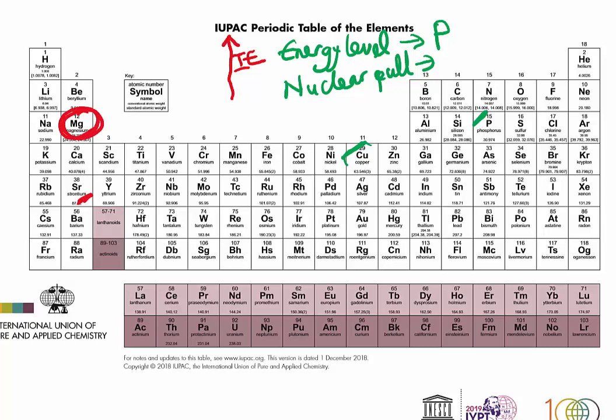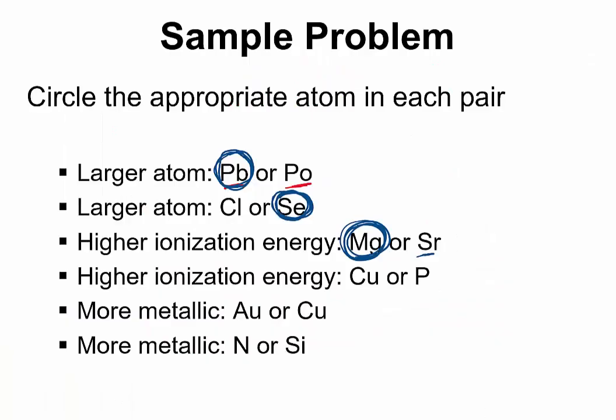So if copper and phosphorus were to belong to the same period, phosphorus will suffer more nuclear pull, and the more nuclear pull you suffer, the higher your ionization energy. So again, phosphorus has a higher ionization energy. So on both counts, phosphorus will have a higher ionization energy.